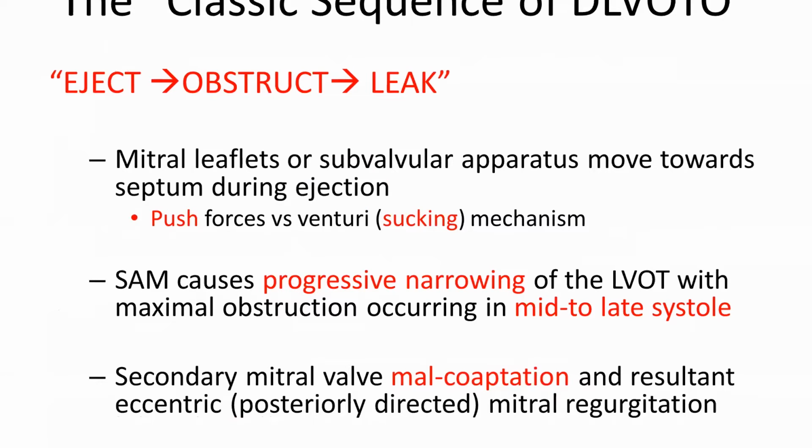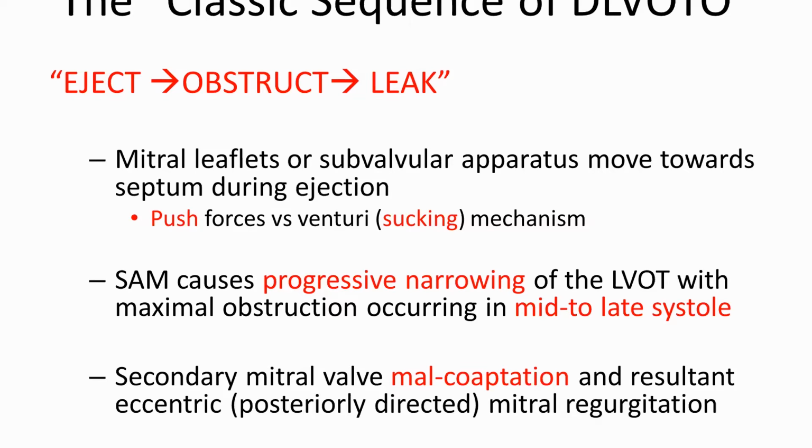So the classic sequence of dynamic left ventricular outflow tract obstruction is the eject, obstruct, leak sequence. During ejection, the mitral leaflets or subvalvular apparatus move towards the septum, and that's a combination of malaligned ejection forces pushing it towards the septum, as well as a Venturi suction effect.